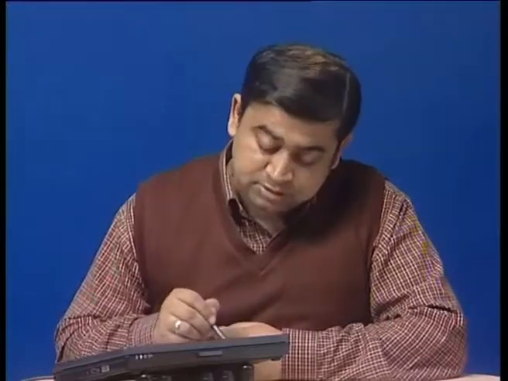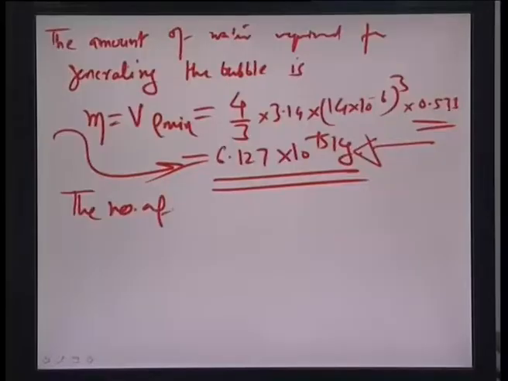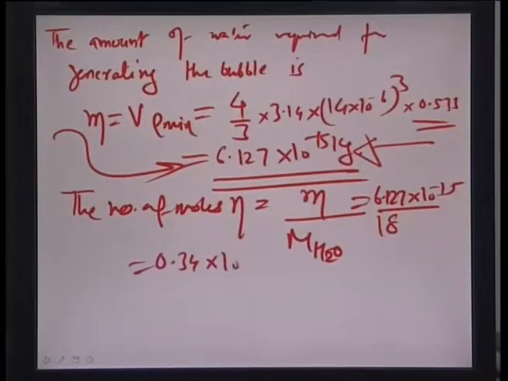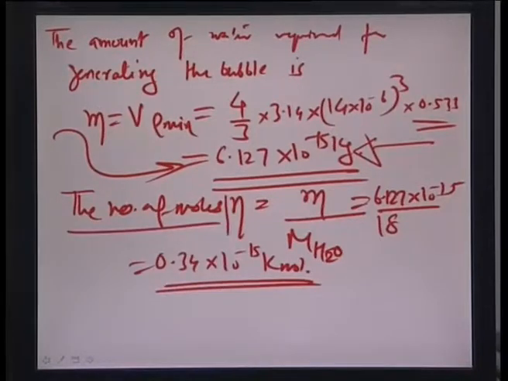So the number of moles in this case, N, will be equal to mass by mass of H2O, which is 6.127 × 10^-15 by 18, or about 0.34 × 10^-15 kilomoles. That is the number of moles of H2O molecules that would be needed to make a volume which would support a pressure differential of about 1 bar.